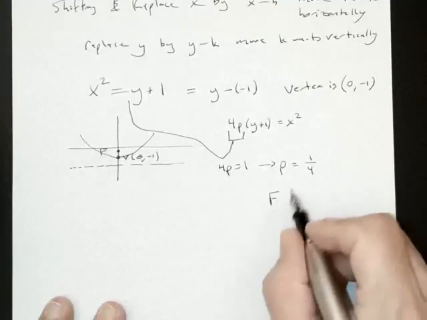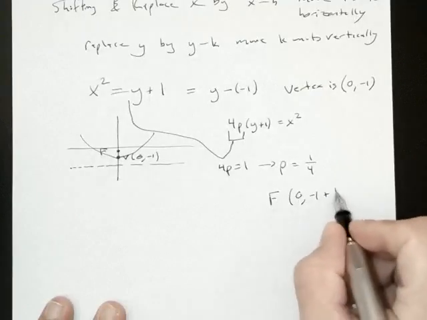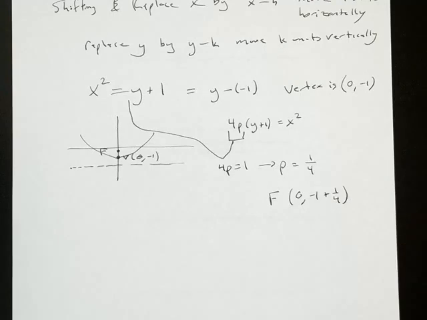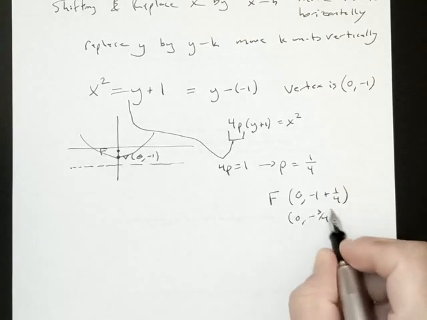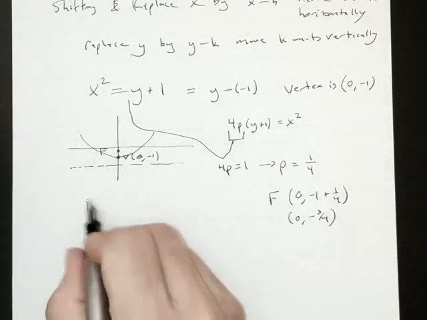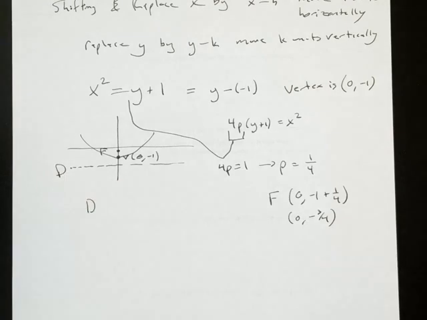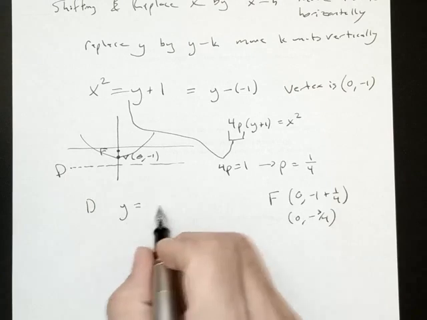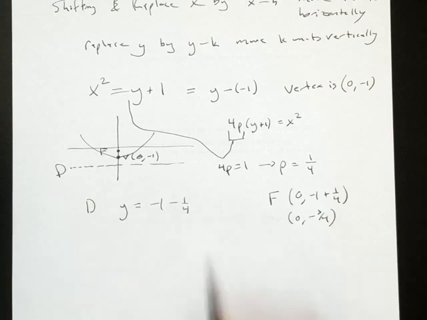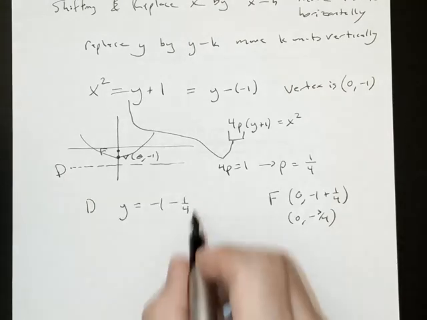So the focus adds p. And the directrix subtracts. It's a horizontal line, so it's y equals minus 5/4.